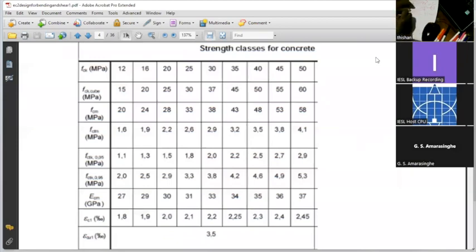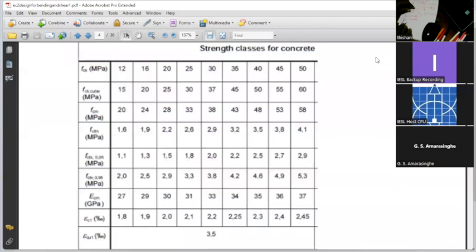So we are talking about FCU of 45 megapascal, which gives FCK of 35 megapascal. Right, FCK of 35 megapascal. So FCK is the cylinder strength, FCU is the cube strength.